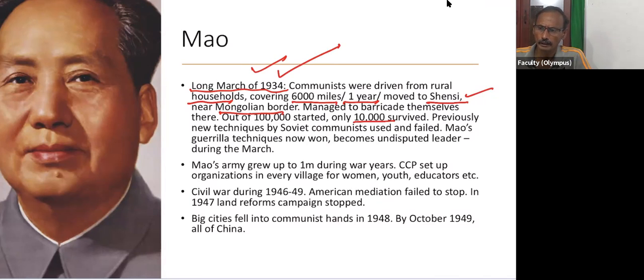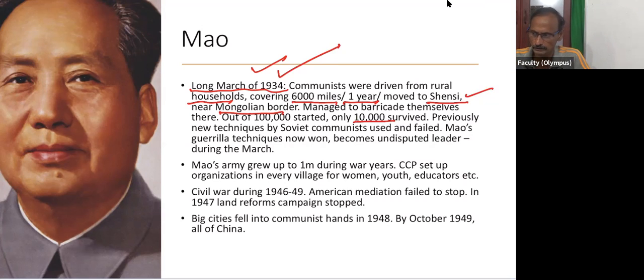People have discussed why they had to be on a run like this. They found that some strategies were changed as per the advice of a Soviet military advisor, to the dislike of Mao, and the communist cadre supported that Mao's strategies were right.